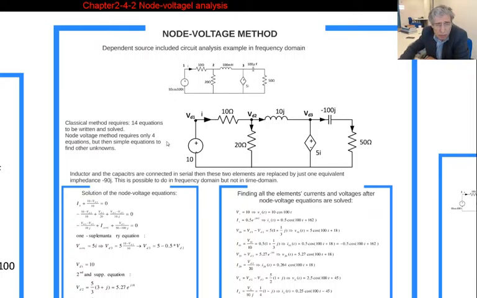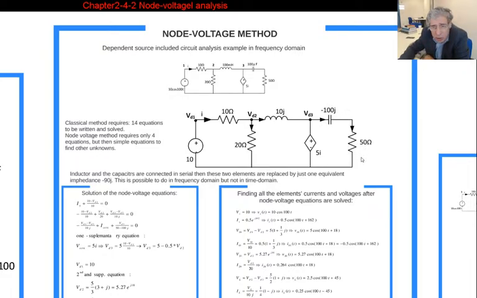How many equations are we going to use? We're going to write the Kirchhoff current law equations for the nodes. But pay attention now, since those two elements are connected in series, I can replace these two elements with one impedance.